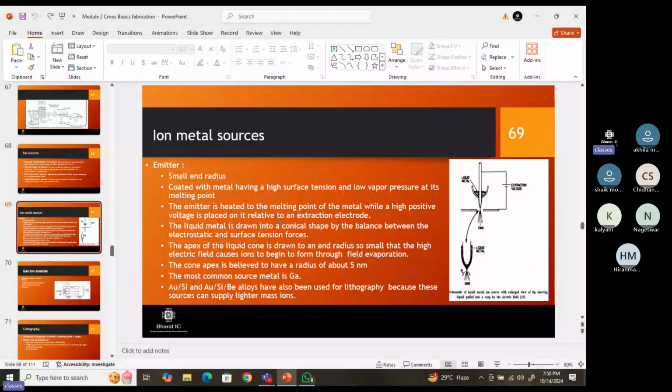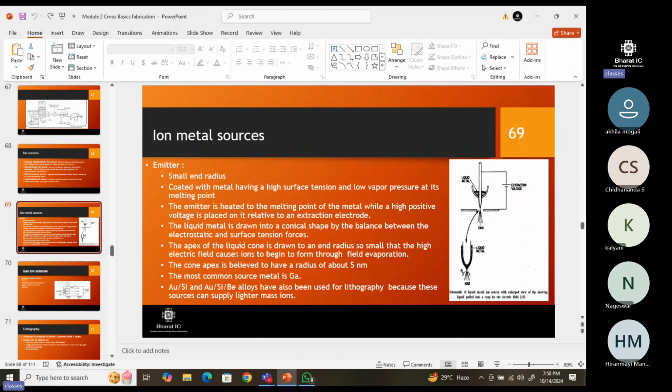On that side, a heater heats the metal to its melting point, making it liquid. The liquid metal is drawn into a conical shape by the balance between the electrostatic and surface tension forces. The apex of the liquid cone is drawn to an end radius so small that the high electric field causes ions to begin to form through field evaporation.